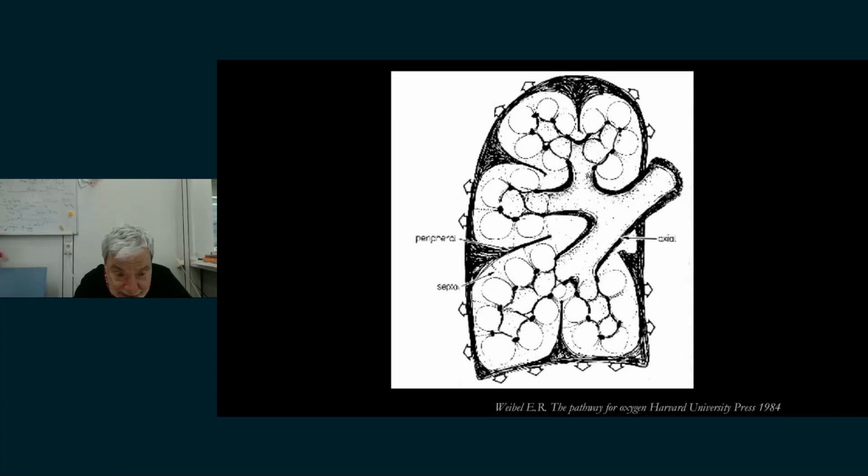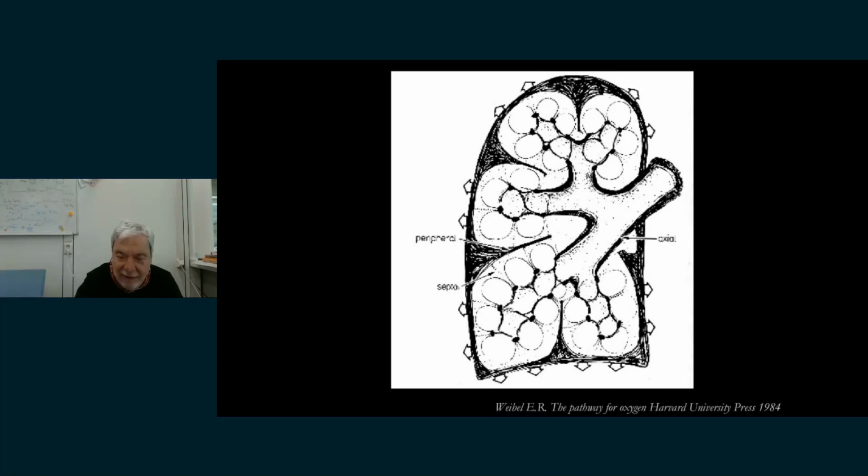Weibel was a giant in our specialty because he was practically the only one who put together anatomy and physiology in a beautiful way. And this is the part of Weibel's work in which he was saying how the skeleton of our lung is interconnected.